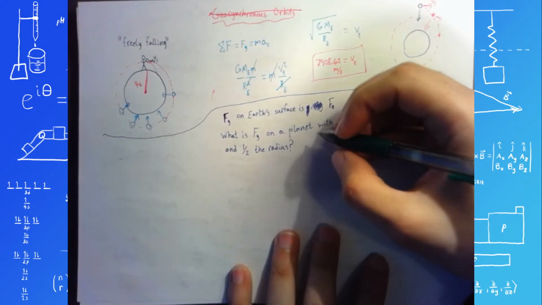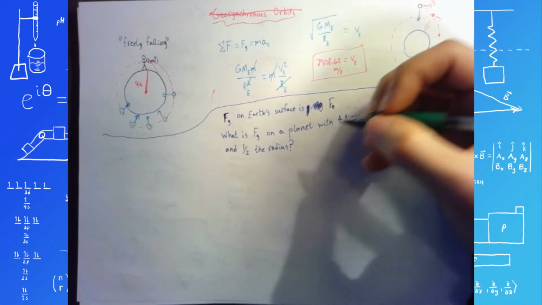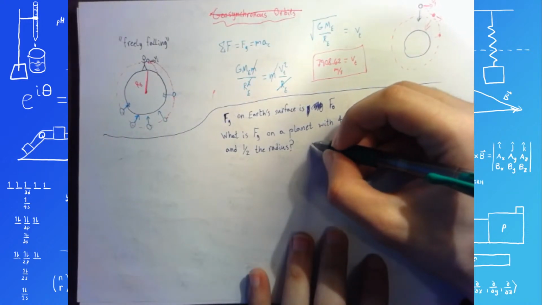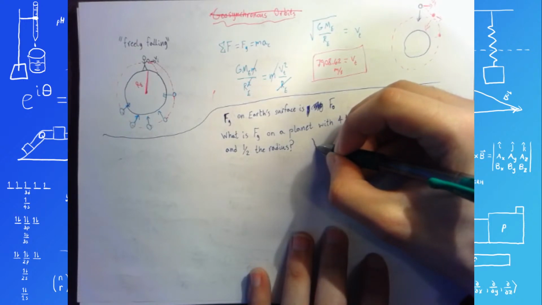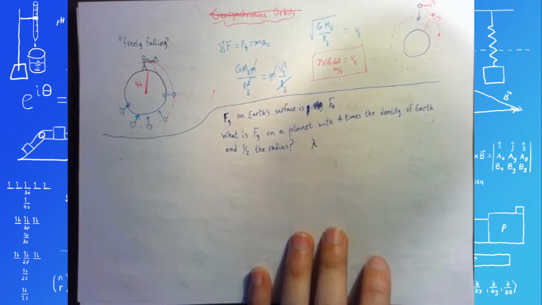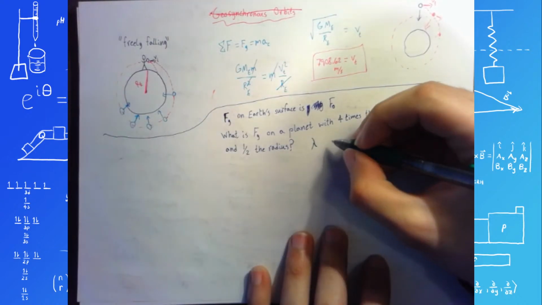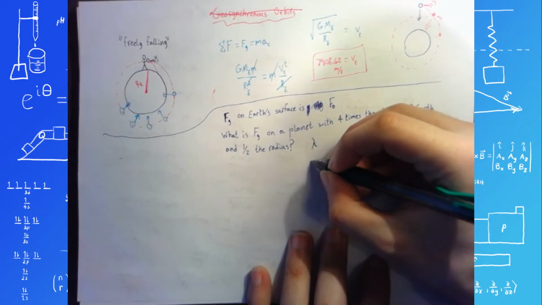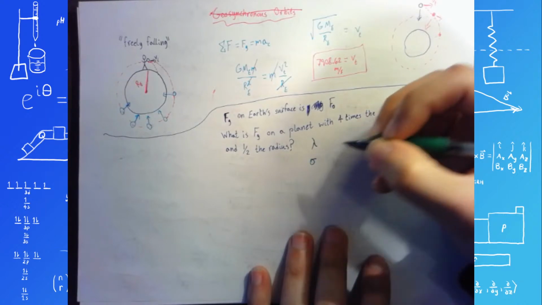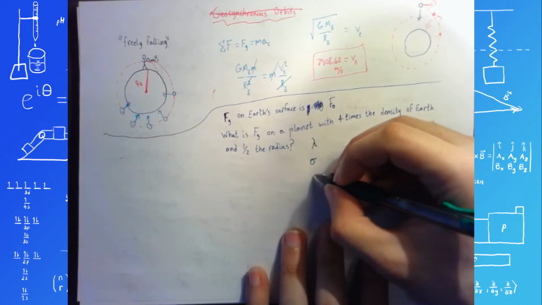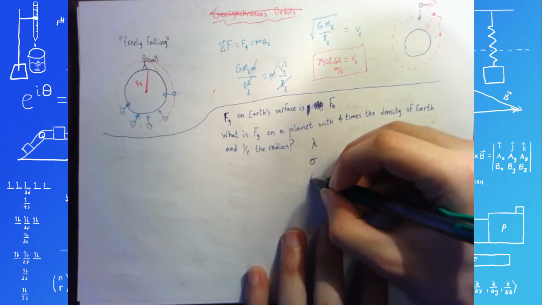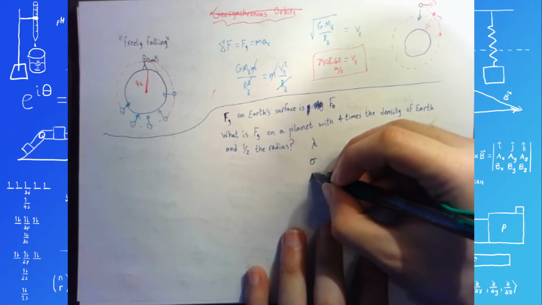But we'll just do this as a very quick example. So density. Density we often represent with a number of symbols. There's different types of density. So there's linear density, which we represent with the Greek letter lambda. There's area density or surface density, which we represent with the lowercase Greek letter sigma. And there's also volume density, which we represent with the Greek letter rho.